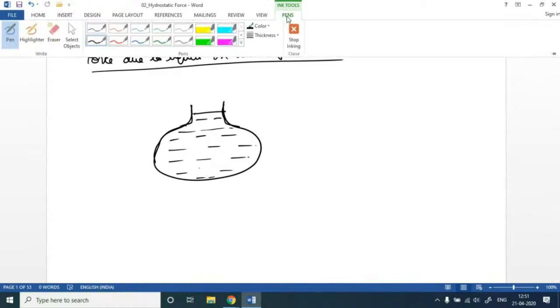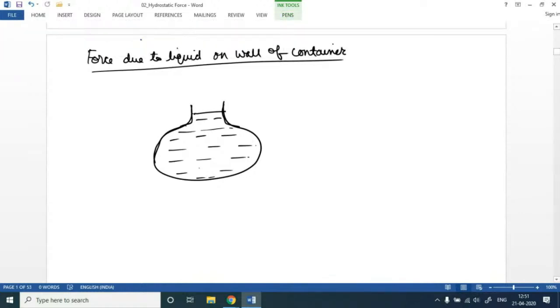So the liquid is exerting force, perpendicular force, on the wall of container. You have to realize that this force is going to be perpendicular to the surface. Now we are interested in finding out the net force exerted by the liquid on the container.